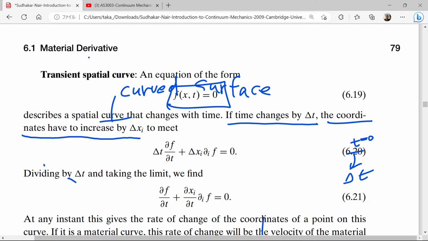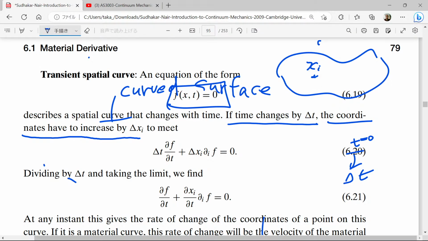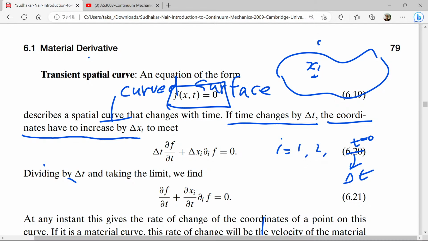So if you have some curved surface like this, then there is a point xi, and at this point, i is 1, 2, 3 here in this case, xyz, and at this point you have a particle x.